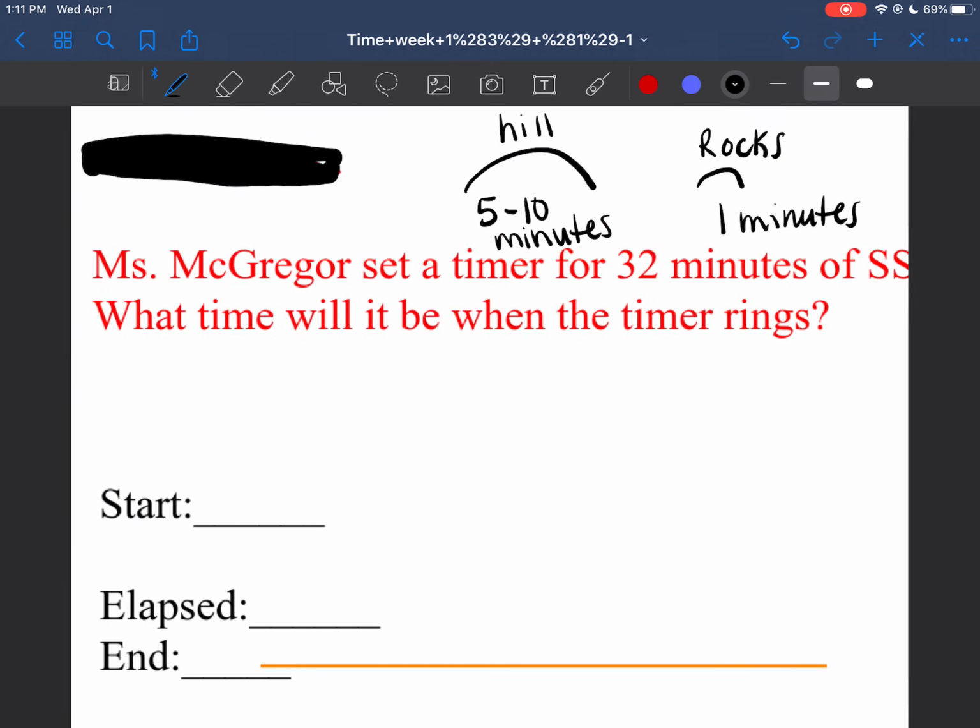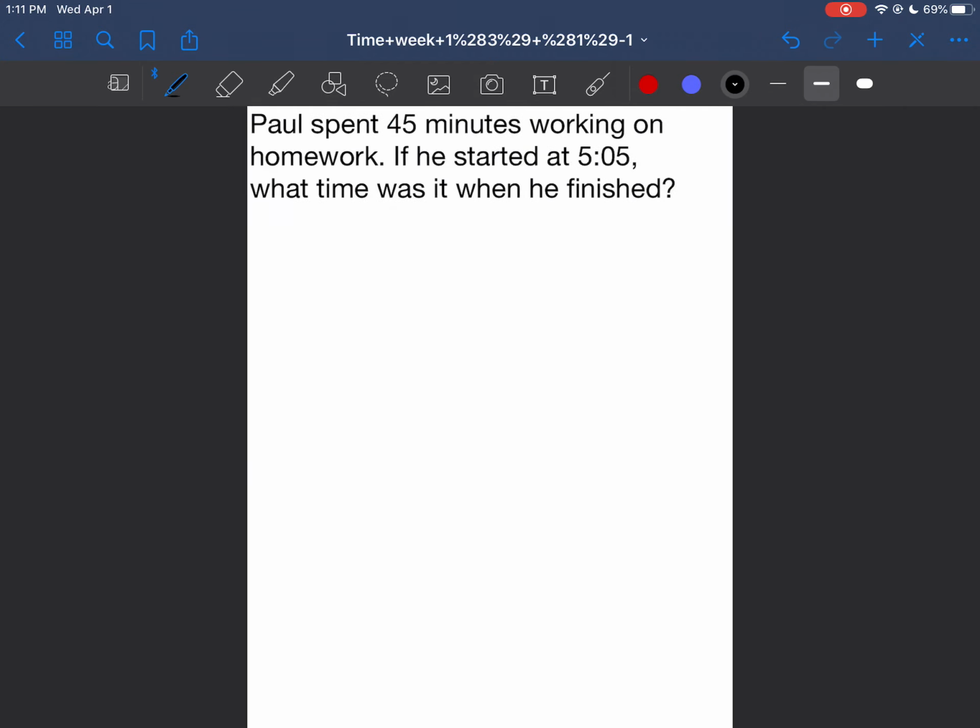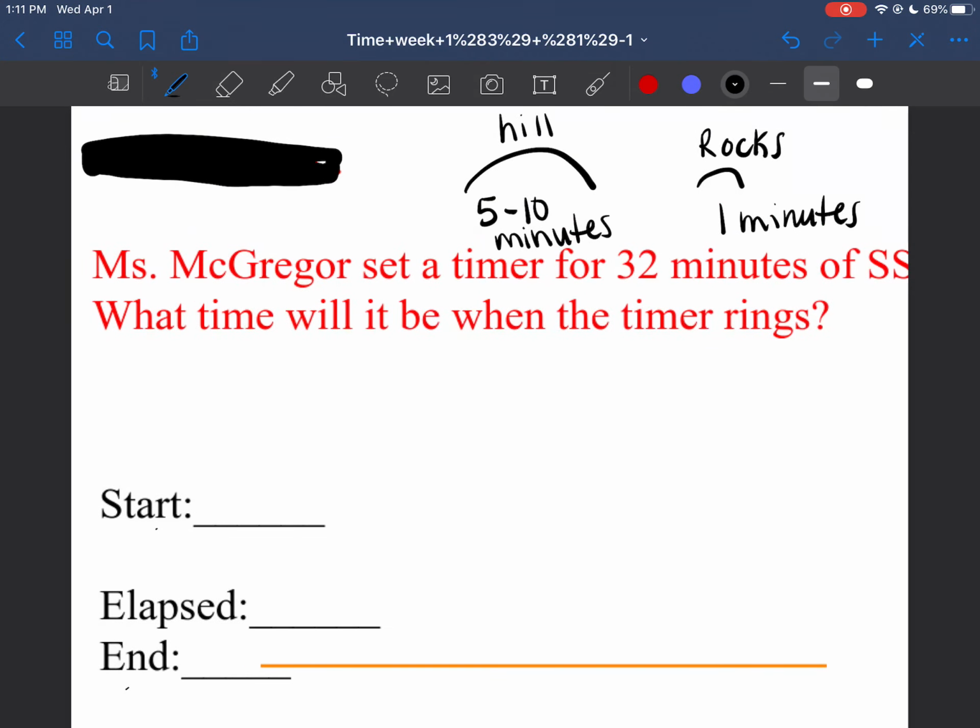Let's look at this one here. Start, elapsed, and end. Let's fill in our graphic organizer. Miss McGregor set a timer for 32 minutes. Oh, this one's a little confusing too. That's okay. Miss McGregor set a timer for 32 minutes. So how long is that timer set? 32 minutes.